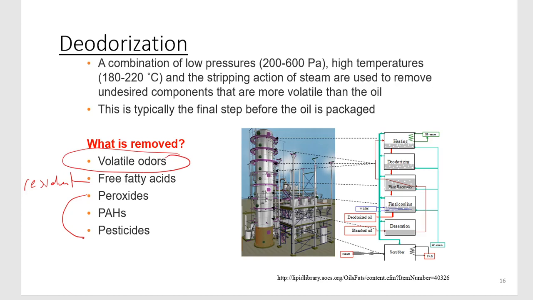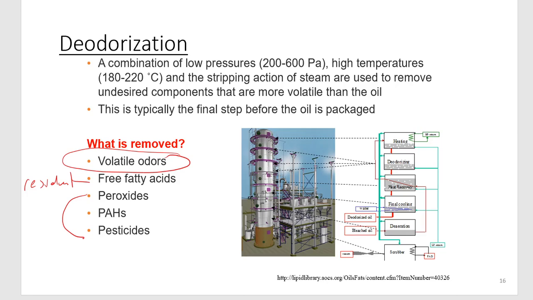So how are they removed? They are removed by subjecting the oil to steam distillation at high temperatures and low pressures. You just basically pump very hot steam into your oil. And all volatile odors will be gone after that process.